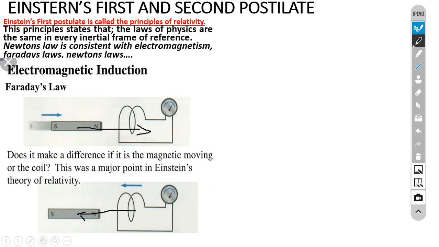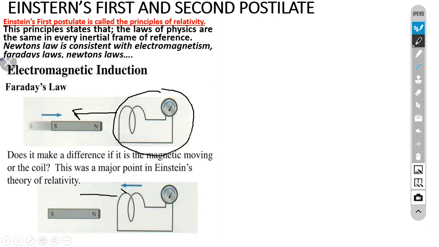Now, you decide to keep the bar magnet constant and you move the coil to where the bar is. You still have the same amount of EMF flowing, the same amount of deflection. You now decide to remove the coil from where the bar was located.